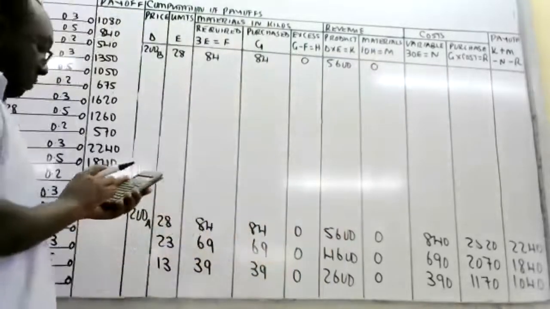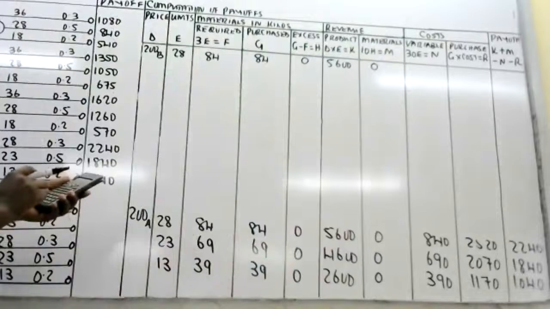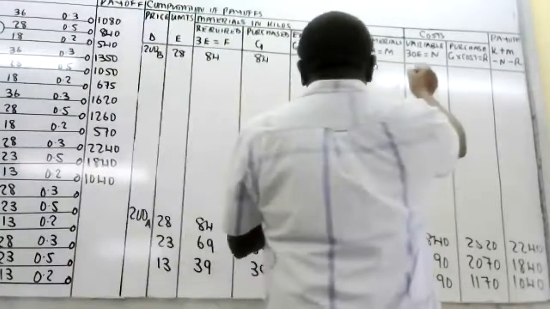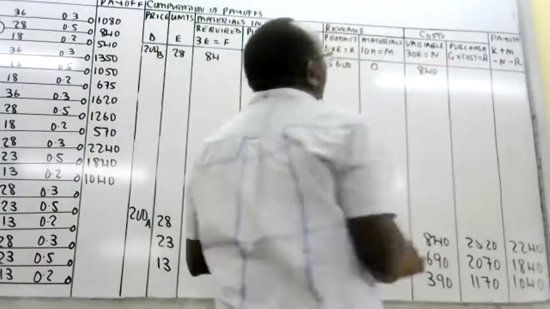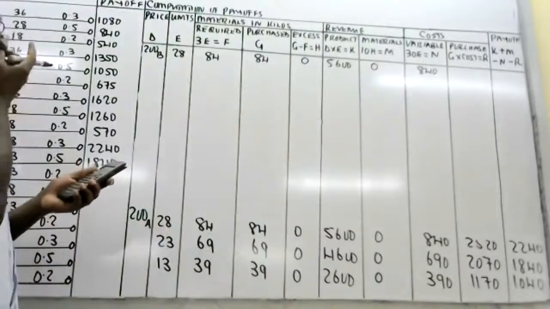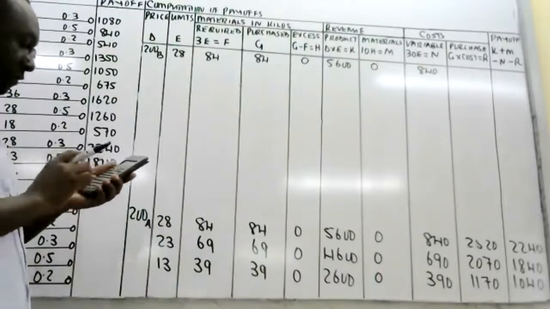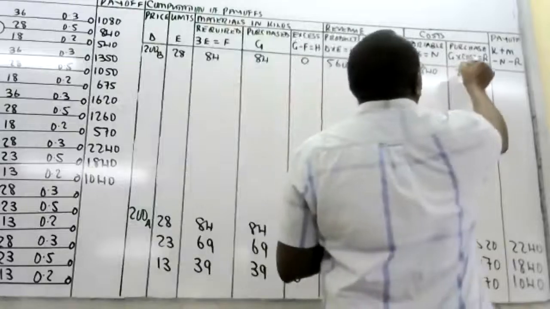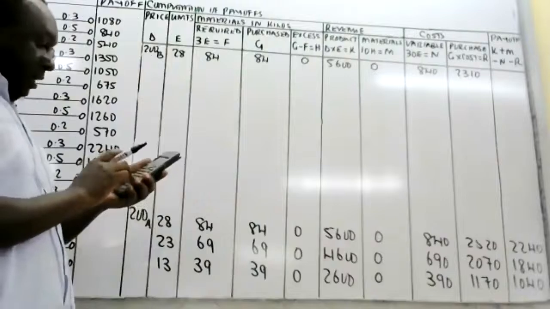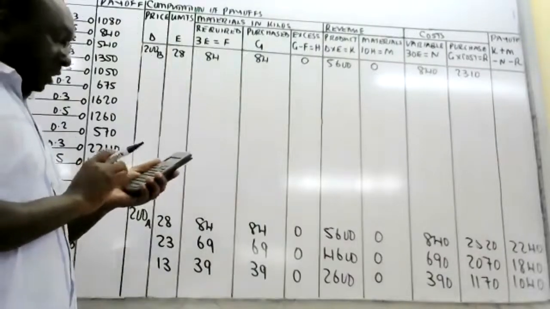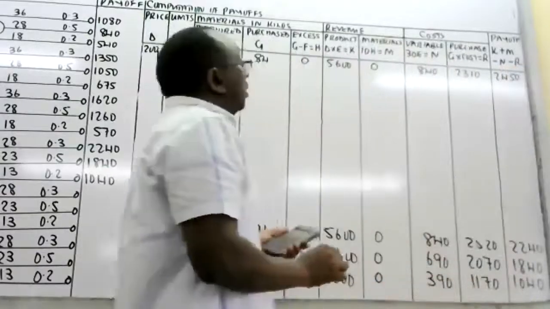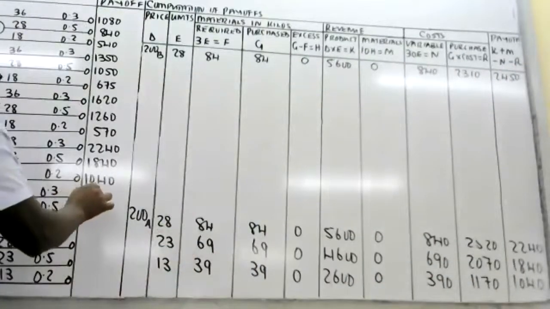The variable cost will be 30 times E, that is 28. That is 840. Purchase will be 84 times 27.5 is 2310. So 5600 minus 840 minus 2310, 2450. So nakuja unaandika hapa 2450.